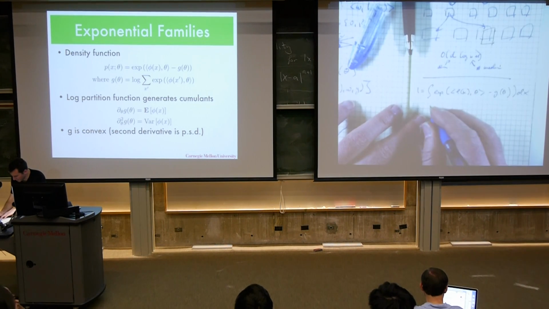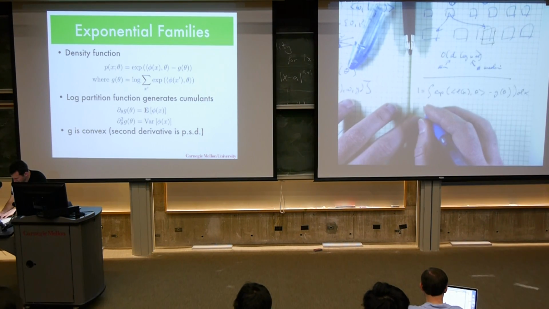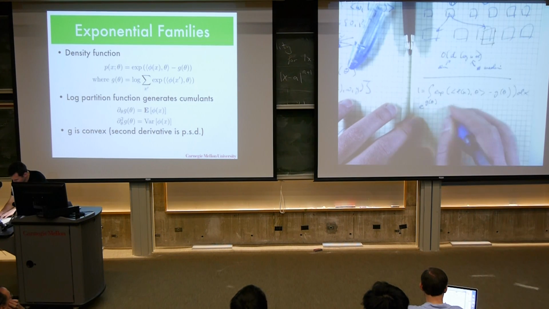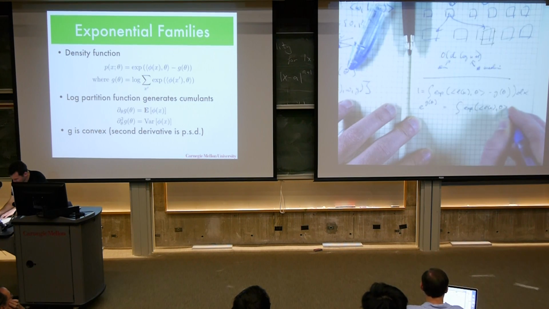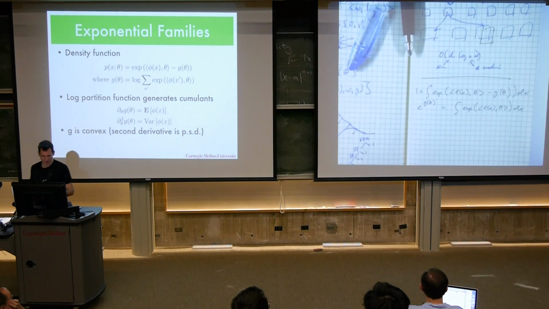And if we do this, then we get that e to the g of theta is this integral. And then taking a log of that, we get exactly the expression here.